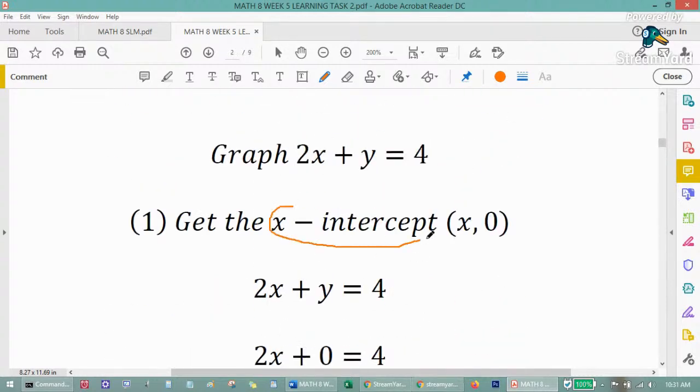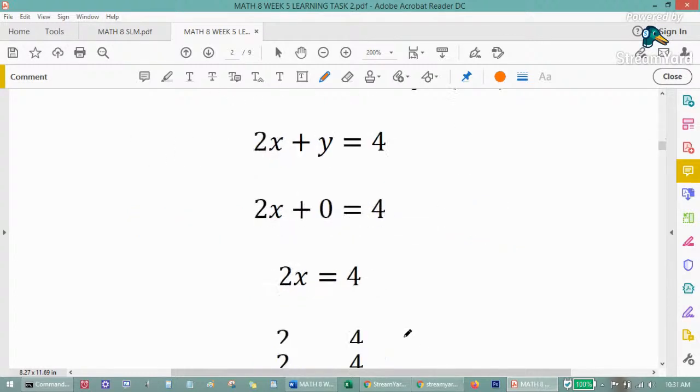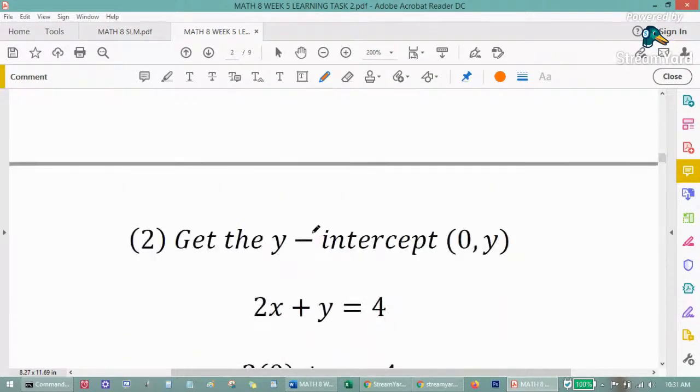Yung x-intercept naman, because x to, ang magiging 0 is y. Kasi x-intercept, dapat x to. So, yung y-intercept naman, since y-intercept to, dapat yung y hindi 0 at ang magiging 0 is yung x.